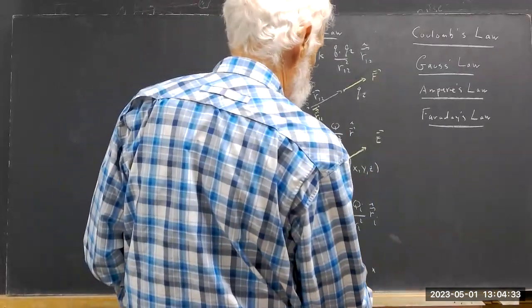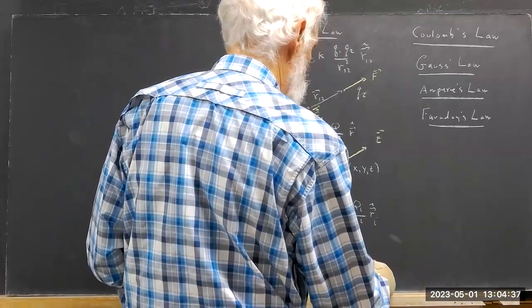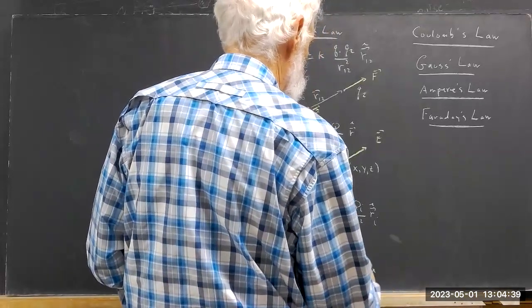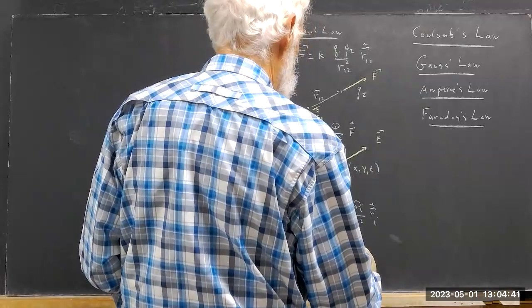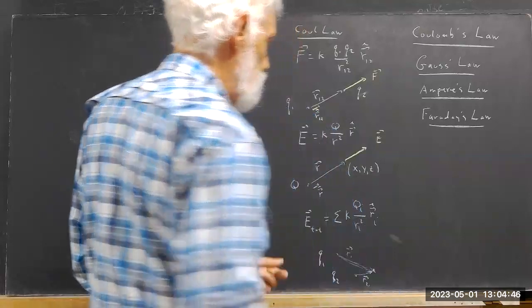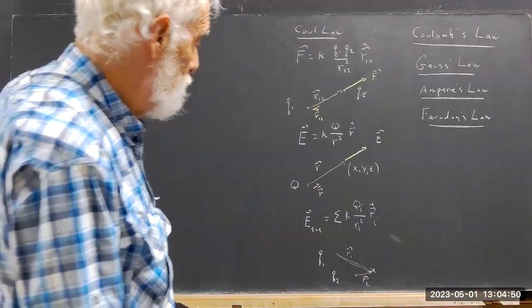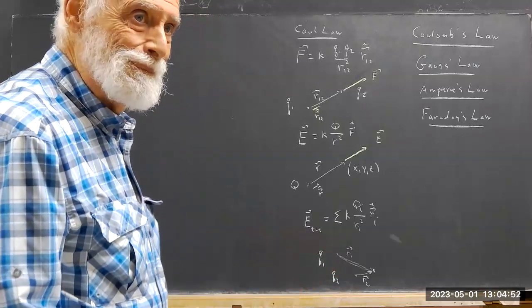Okay, so we've got our two R vectors. This will be your R1. This will be your R2. It may be hard to read my subscripts, but you should know what I'm doing.